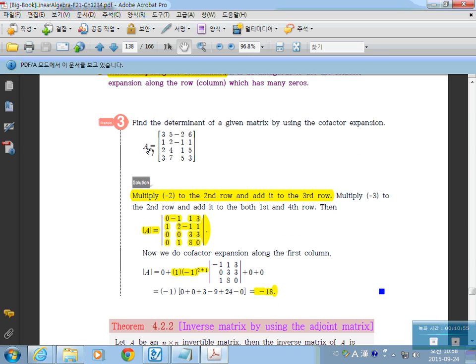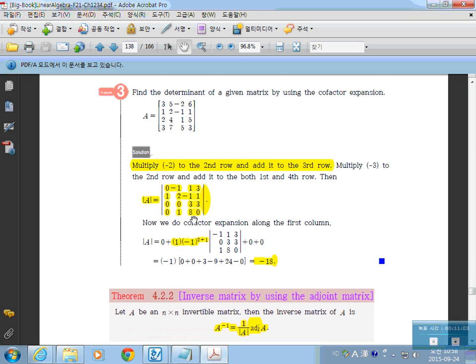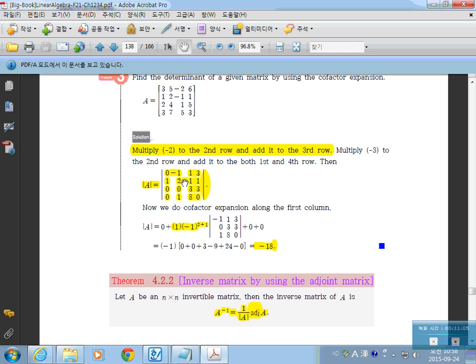Let's see one example. It's a 4x4 matrix like this. From this matrix, we do some Gaussian elimination to make it a little simpler, like that. Finding the determinant of this matrix is much easier than the given one, because it has a column which has 3 zeros here.